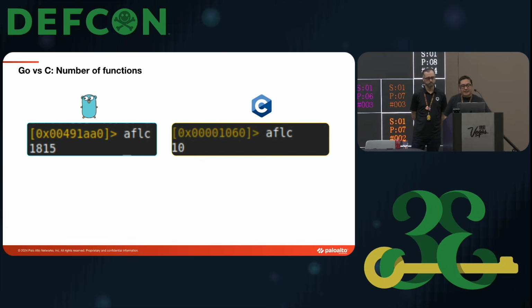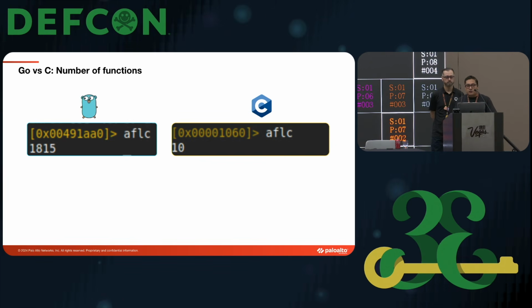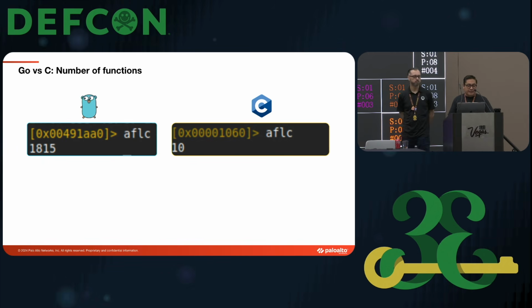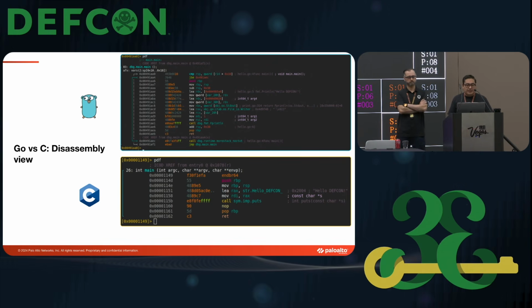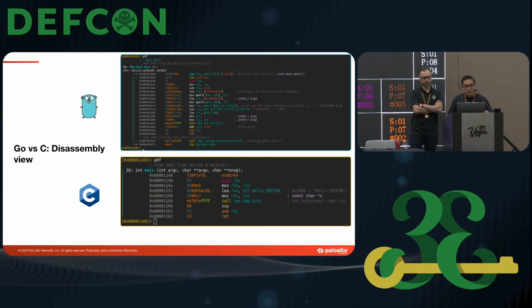In the next slide, you can see the number of functions. We listed the number of functions of the same program, and Go has 1,800 functions, and C only 10. In the next slide, the disassembly is pretty much similar, not much change, but immediately you can see that there's much more code on the assembly side of Go than C, right?